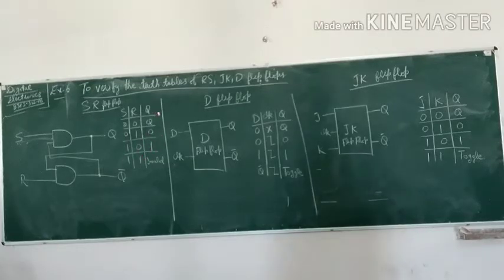It also determines when Q is equal to 1, so the system is in set state. And if we supply both S and R as 1, that will become an invalid state in SR flip-flop. So that invalid state will be removed in JK and D flip-flop.